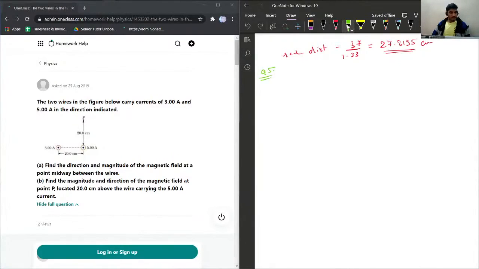In question number 5 I have this current carrying conductor which is 3 ampere, and the other is 5 ampere, and at this point P, this distance is 20 centimeter, and this is also 20 centimeter.